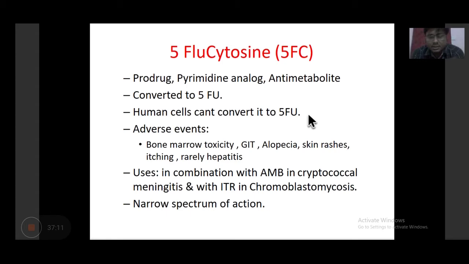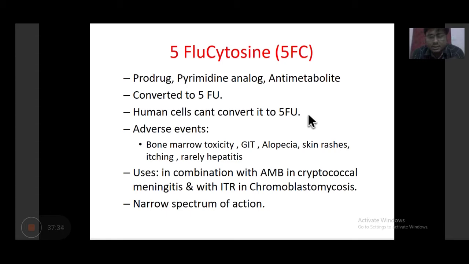Now adverse events seen with 5-FC are bone marrow toxicity, GIT toxicity like nausea, vomiting, abdominal pain, which is common with all other agents as well. Alopecia is something peculiar, but can be seen with other antifungal drugs as well. Skin rashes, itching, and rarely hepatitis can be caused.